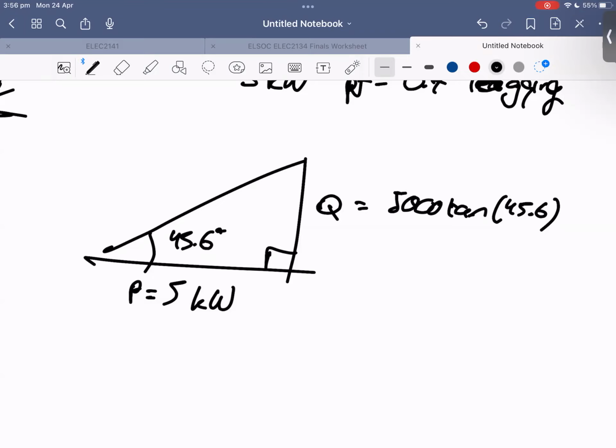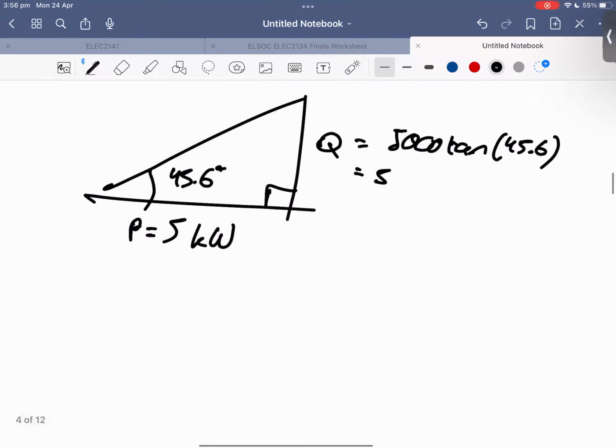Okay, so that gives me 5,000 tan 45.6, which is about 5106 volt amps reactive.